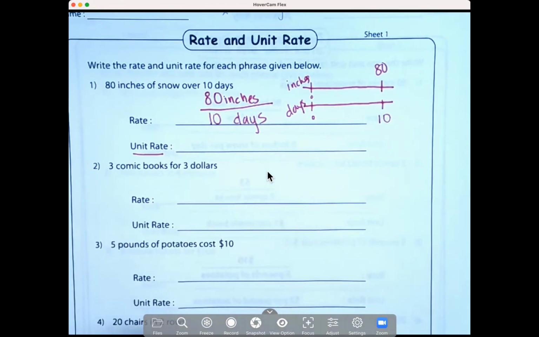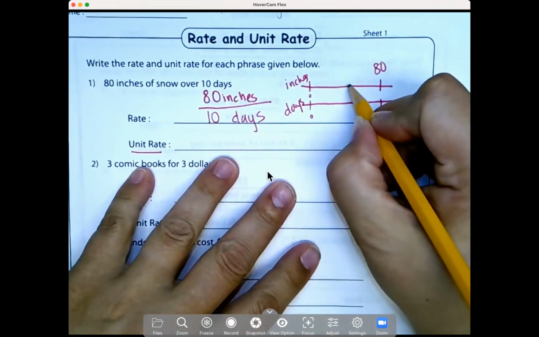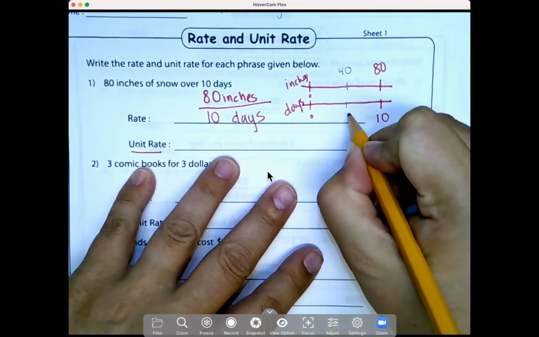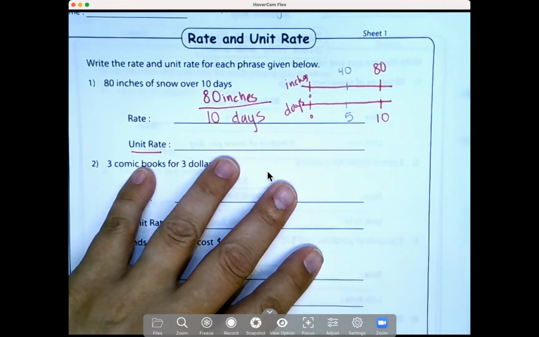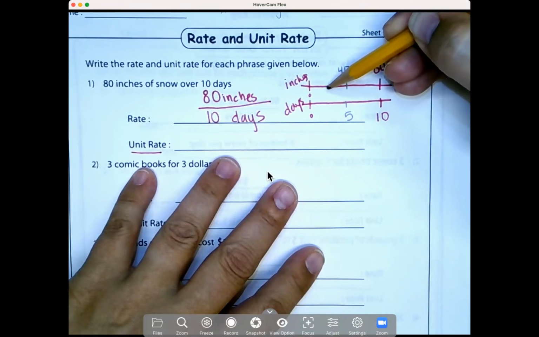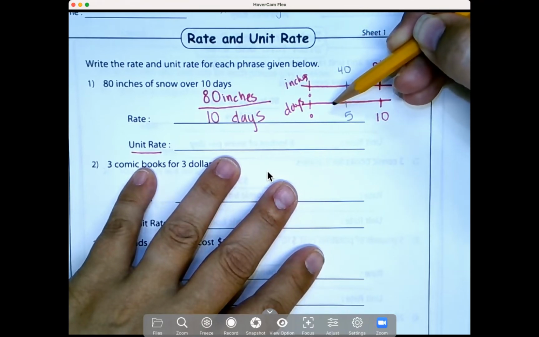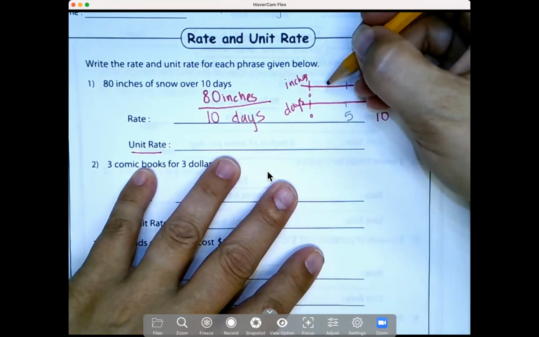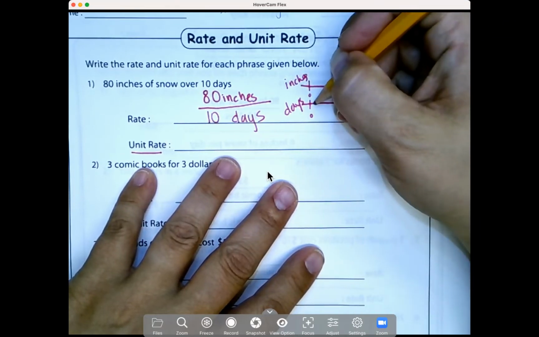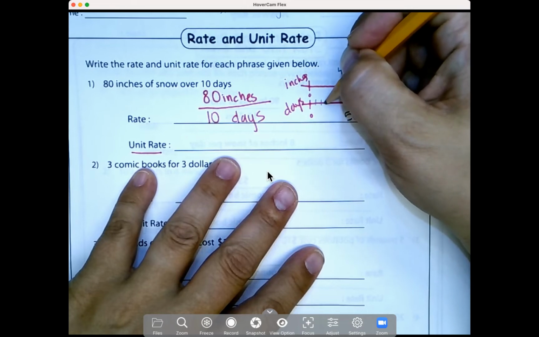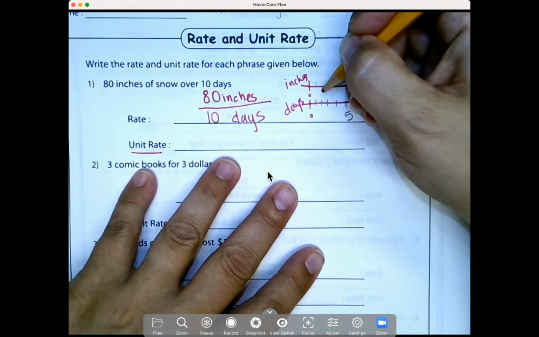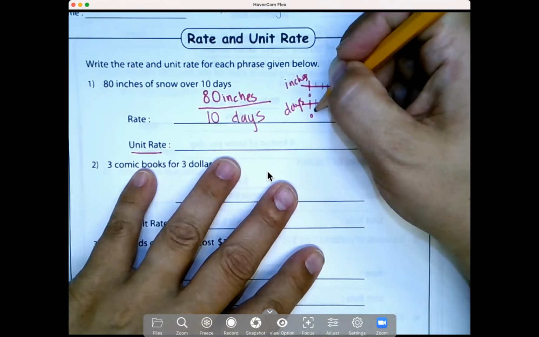I could then break that down and say, half of that would be 40 inches in 5 days. Half of that would be 20, but that'd be 2.5 days, so that wouldn't really help me. What if instead I broke these down into five equal sections? One, two, three, four, five.